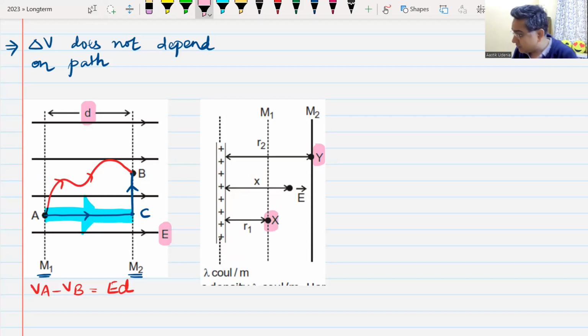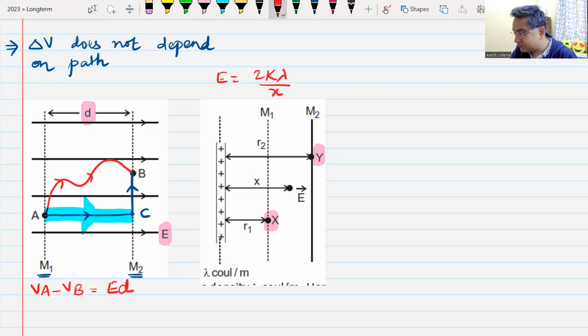The value of the electric field between these two points is 2k lambda by X. Yes or no? And I'm going to integrate this electric field to get the potential difference between these two points. That is what we had written.